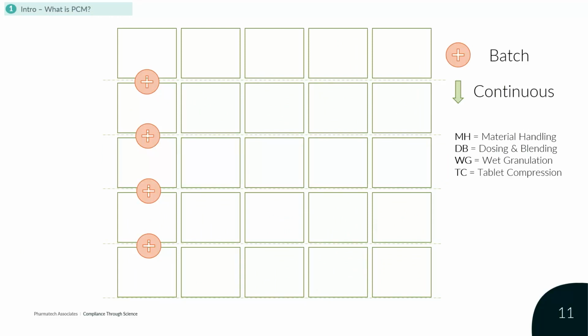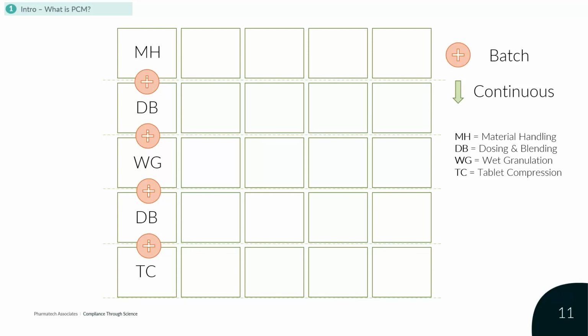Of course, everyone is familiar with how a typical batch process for oral solid dosage products might look. So you have a material handling section, dispensing areas, then you go into a typical blending, tumble blending process. You have your wet granulation, dry granulation, whatever granulation technology you choose.